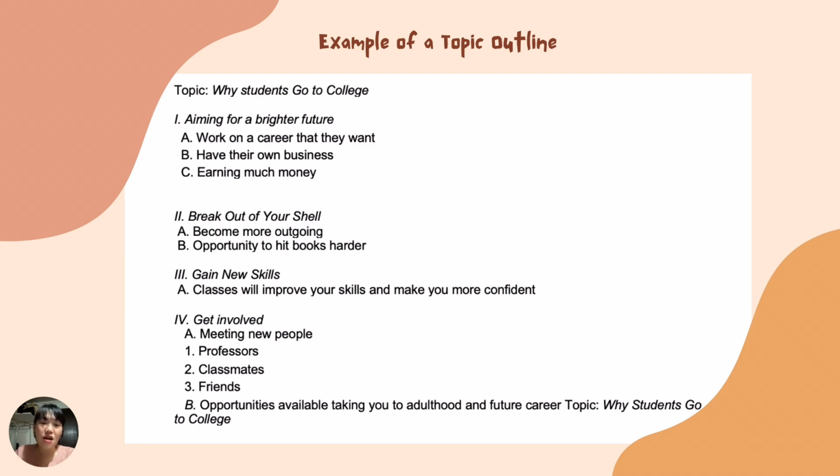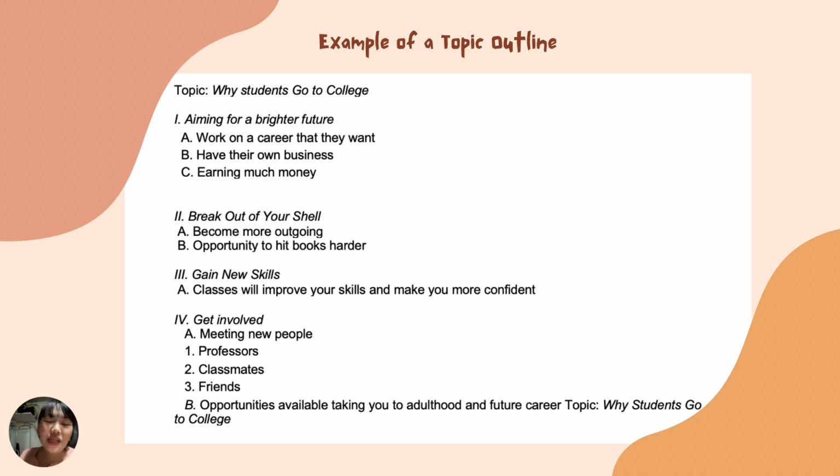Okay, so we have the Arabic numbers 1 to 3, and then we have another subheading, the letter A. As you can see, this is an example of a topic outline, because they are written in phrases.